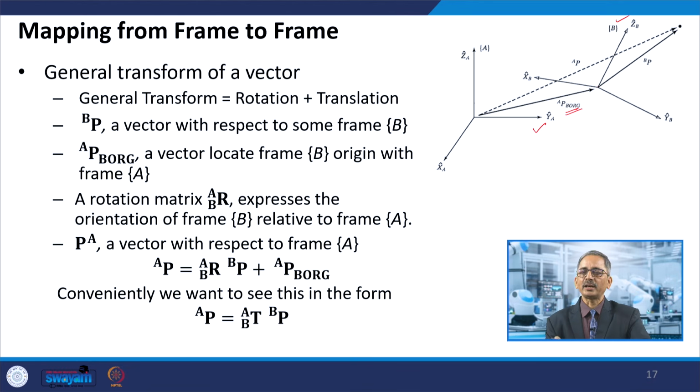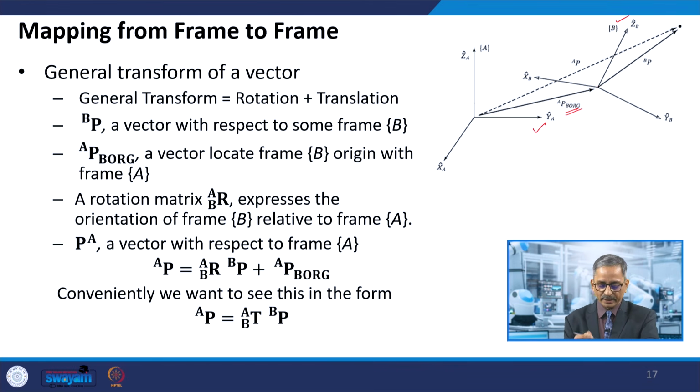Alright. So, naturally for this case, if we have to do the mapping, what we have to do is that, okay, we have to rotate this frame B, make it aligned with respect to frame A, and when both are parallel, then we can just do the vector summation.